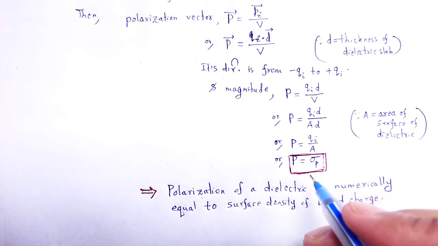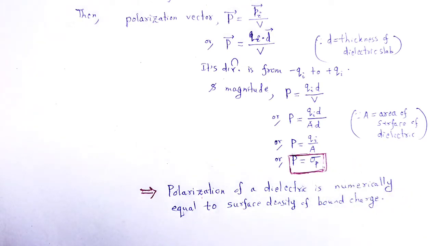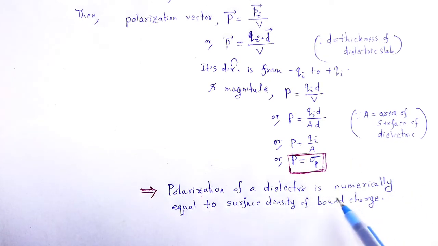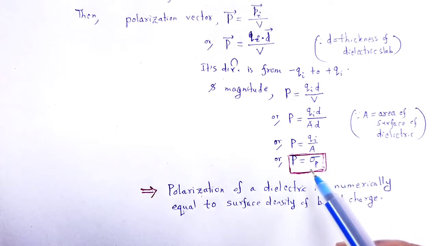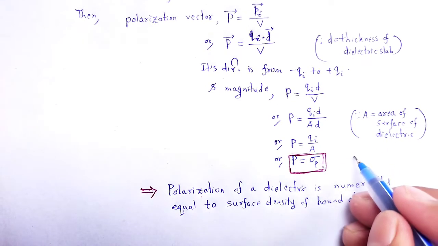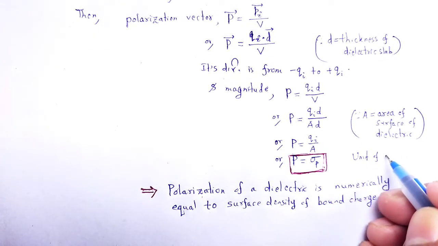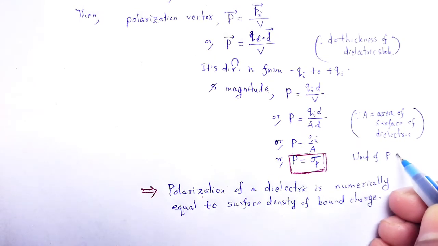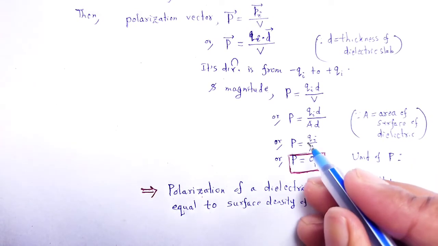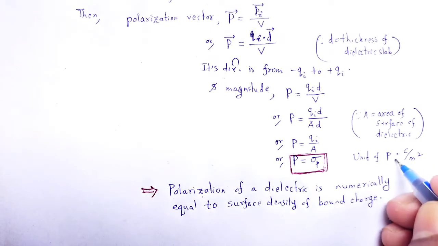Here the charge induced is the bound charge. And the unit of P vector is charge per unit area, so coulomb per meter square.